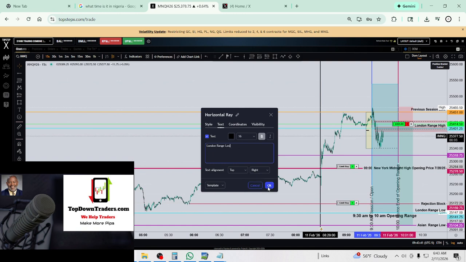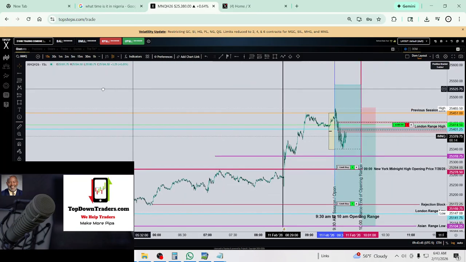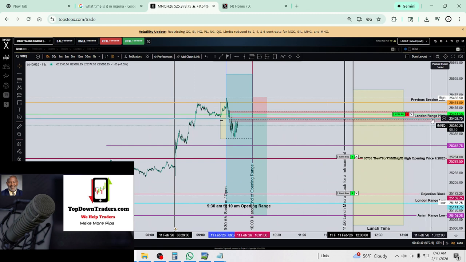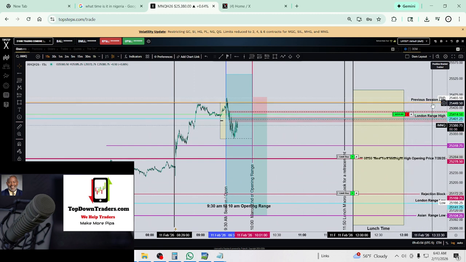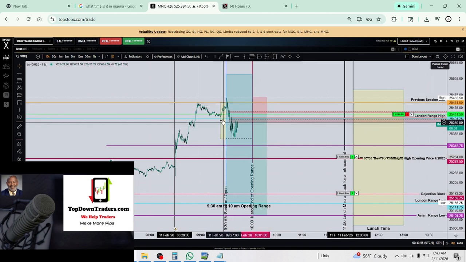And then click OK. Then lock it. Here's London's range high. It popped up a little more because of the opening range. We're already below that.